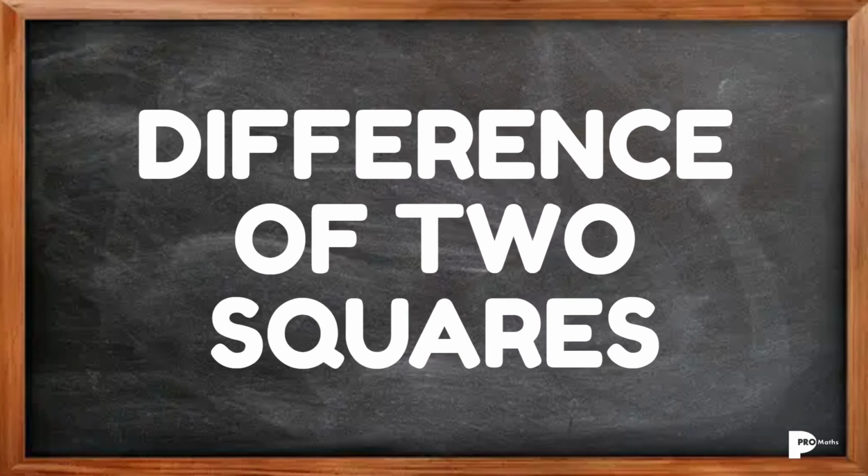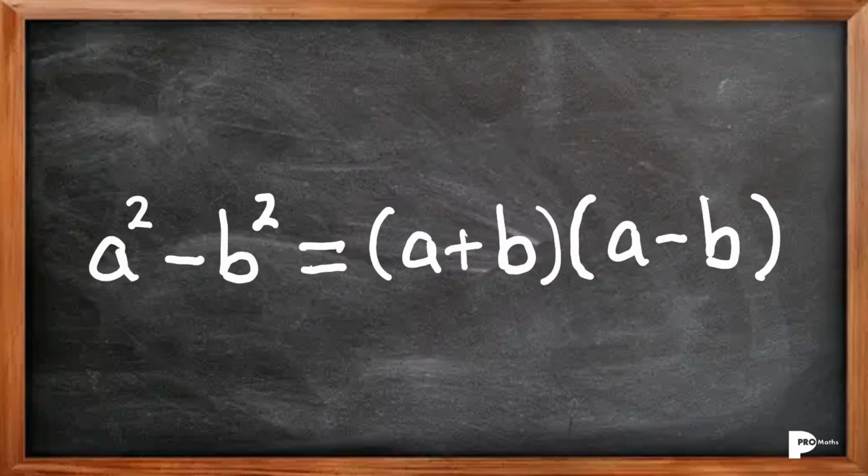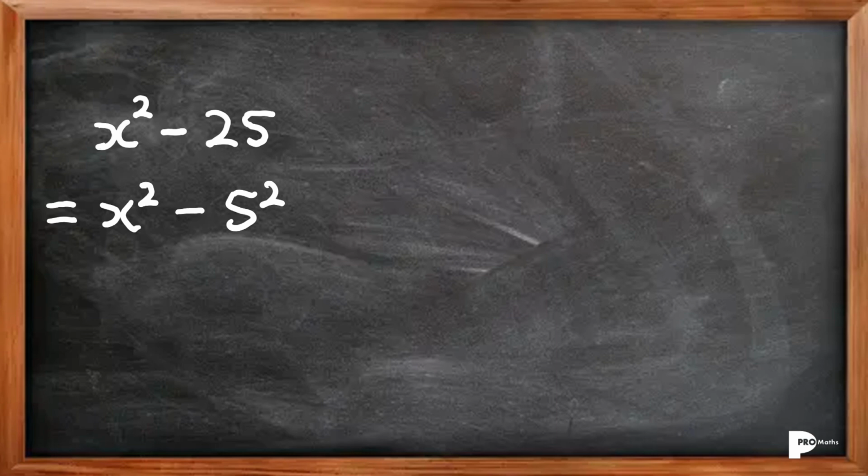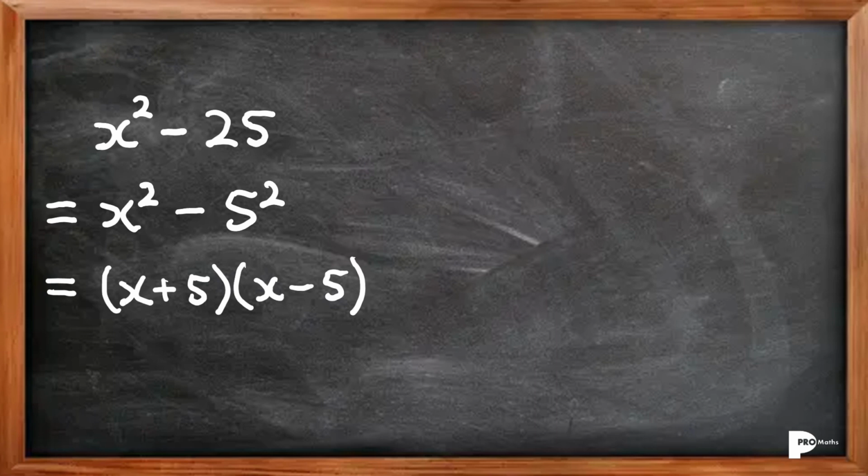Difference of two squares. a squared minus b squared equals a plus b times a minus b. If you can recognize these, they can be factorized quickly. Let's take x squared minus 25, which is x squared minus 5 squared, which factorizes to x plus 5 times x minus 5.